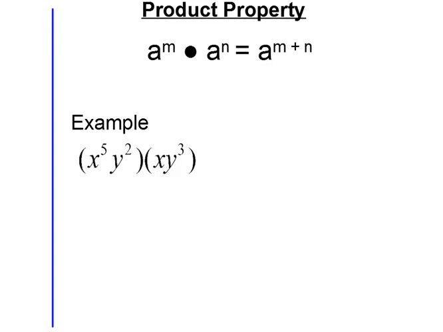Here's our first property. It's called product property. It states that if the bases are the same and it's multiplication between the two terms, you can add the exponents. So let's do an example. We have an x to the fifth power and we have a y to the second power. This is getting multiplied to an x to the first power.